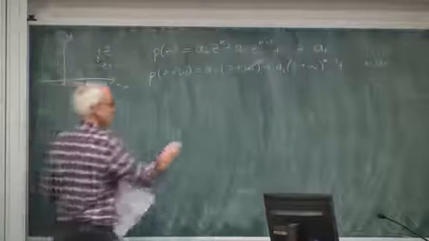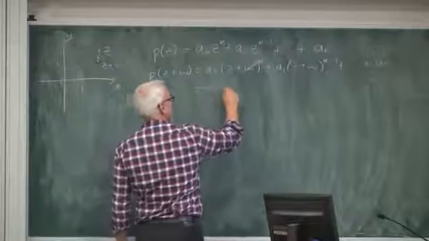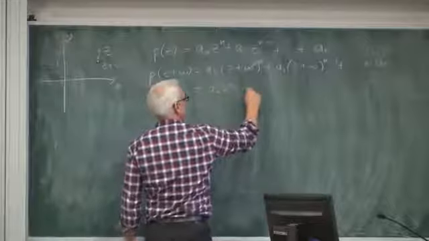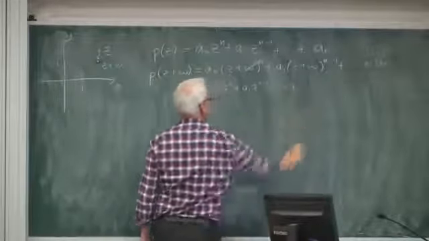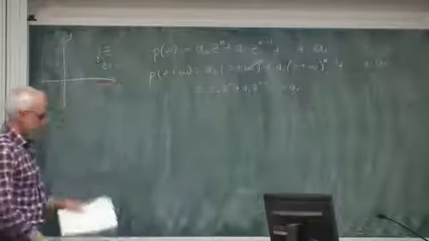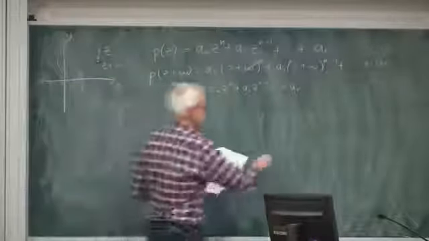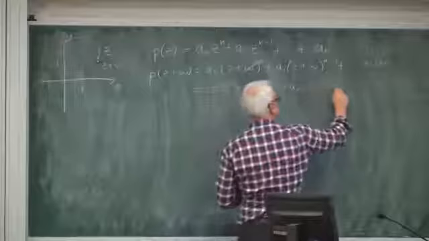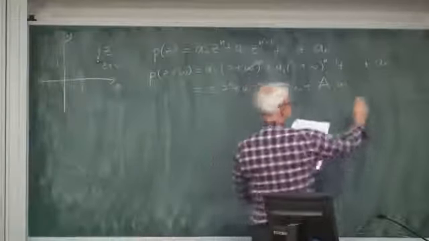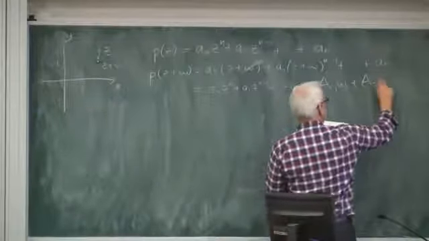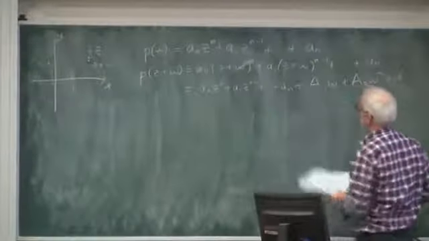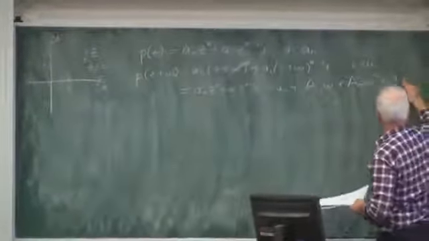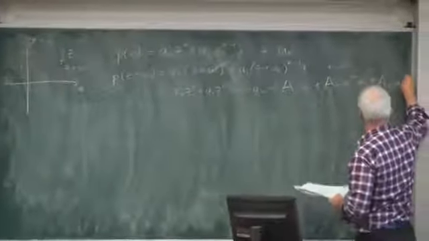So all the things that don't involve w: a0 z to the n, a1 z to the n minus 1, all the way down to an. And then there will be something, I'll just write it capital A1 times w, and then something capital A2 times w squared, and so on all the way up to the highest power of w that will appear, w to the n, so I'll have a capital An w to the n.